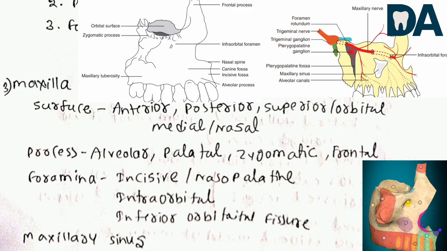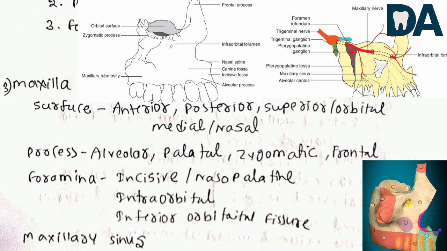Superior or orbital surface. It is concave and forms the floor of the orbit. Medial or nasal surface. It forms the lateral wall of the nose and displays the following features.